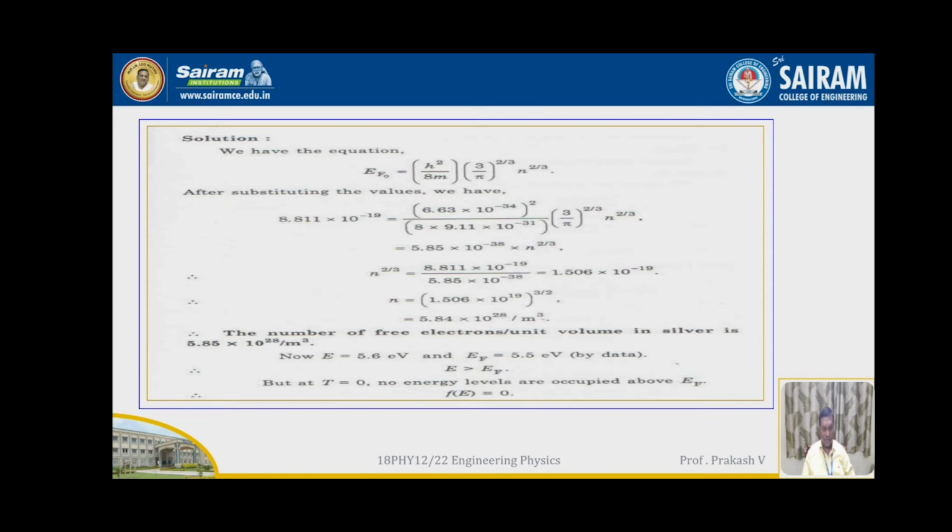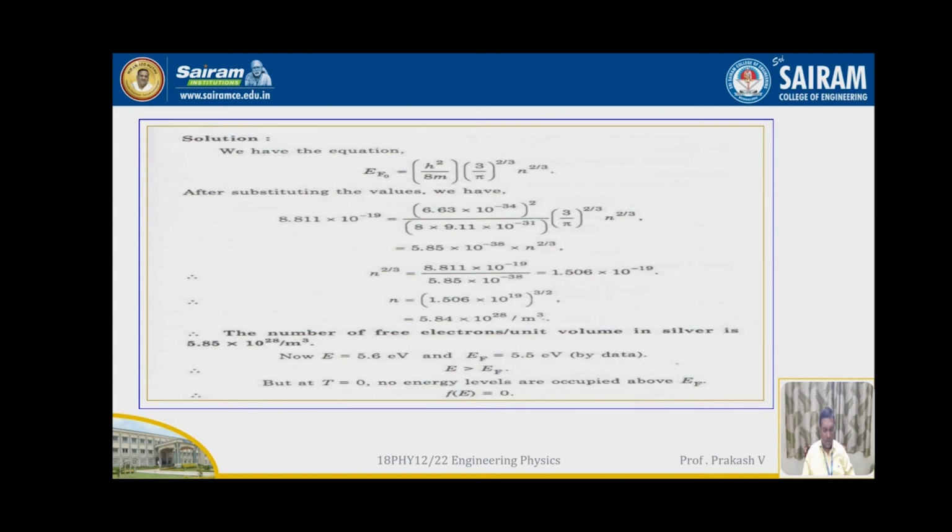Finally the value of n is equal to 5.84 into 10 to the power of 28 per meter cube. That is the number of free electrons per unit volume in silver, equal to 5.85 into 10 to the power of 28 per meter cube.